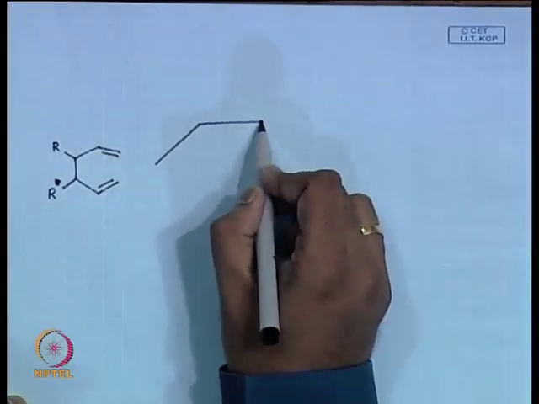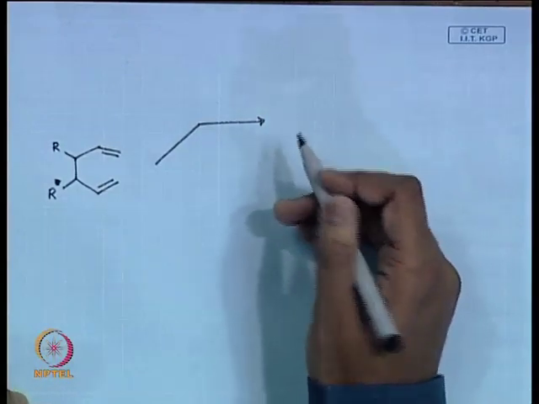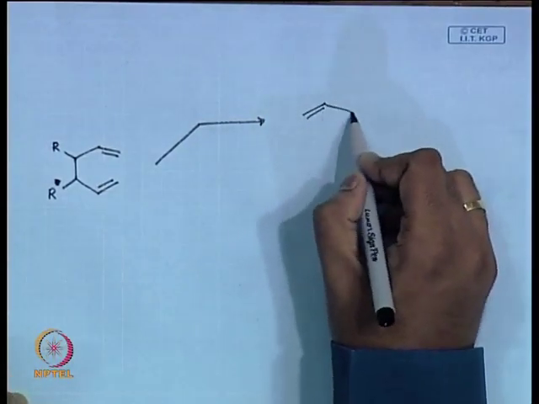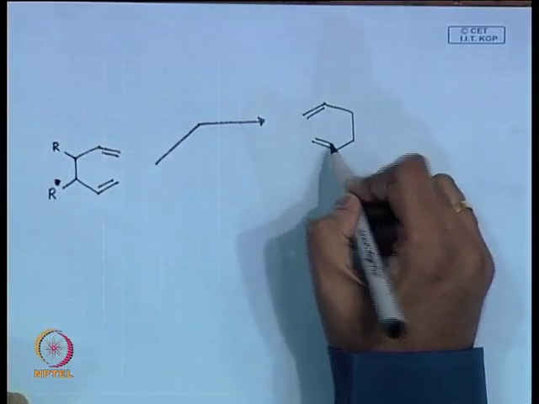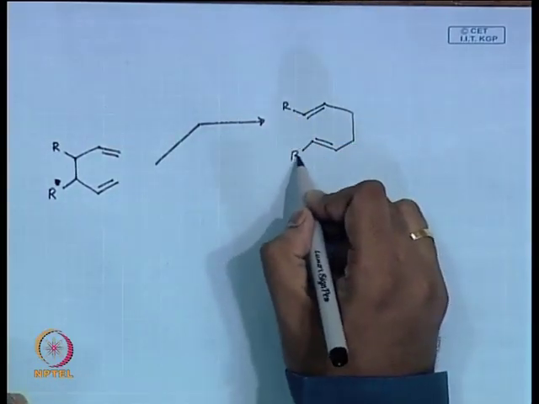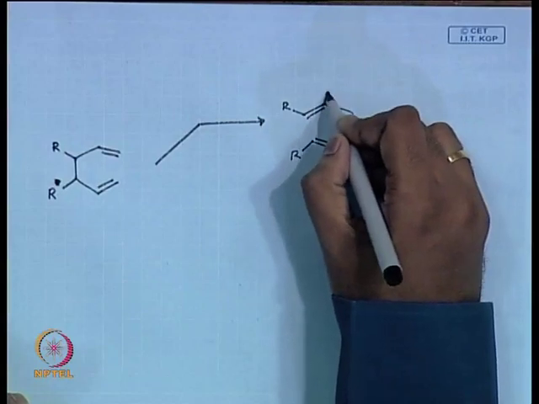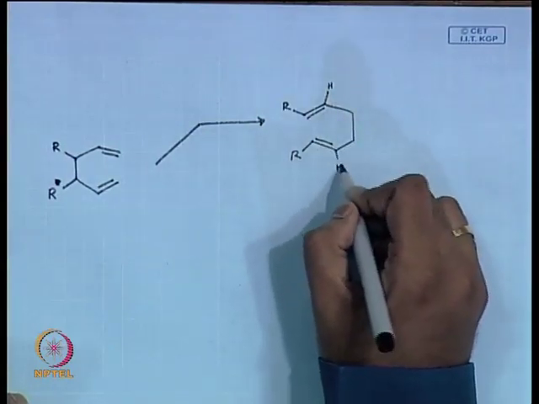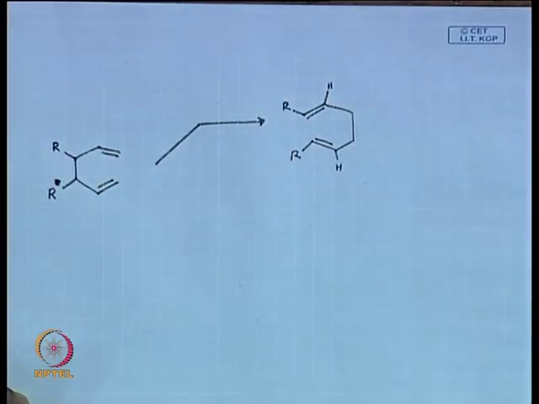You do not get only one product, you get two, but possibly how many can you think of? Just two. In one case I can have my R, right, I can get this. So, what should it be?